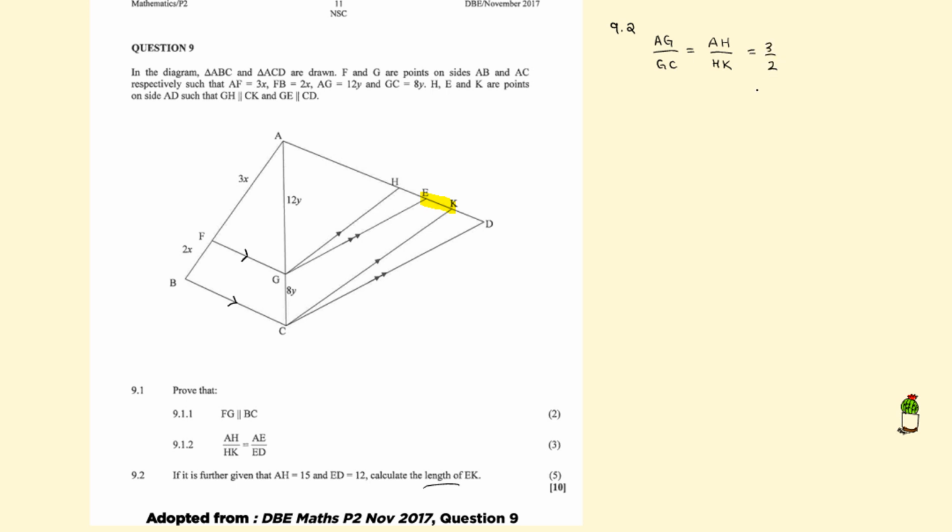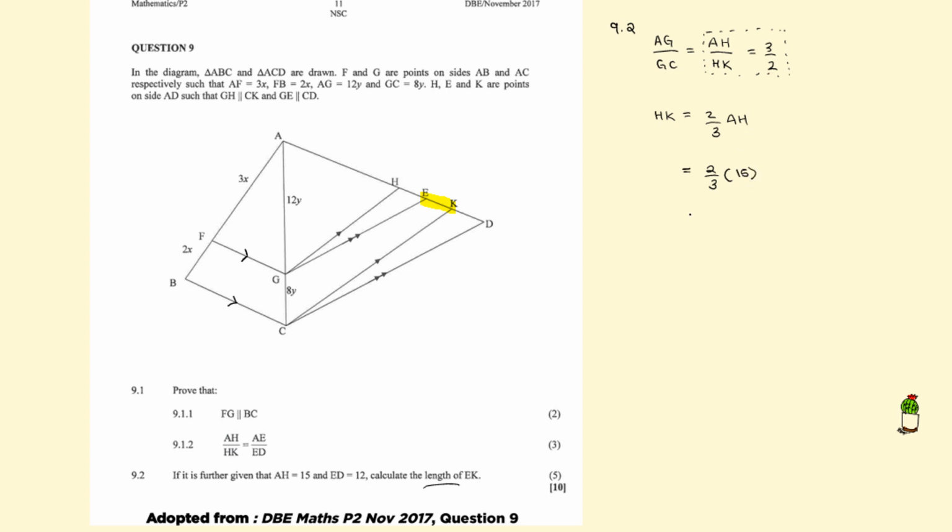Okay, so now I'm just going to use this portion over here because I want to work out HK, right? So HK from this equation is equal to 2 over 3 AH. So we have 2 over 3 times AH, which is given to us as 15 units.